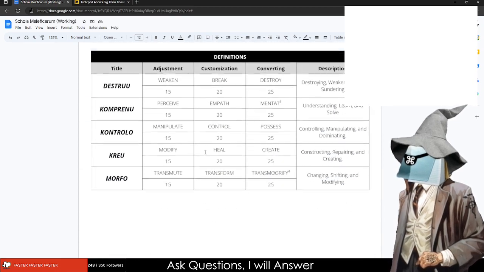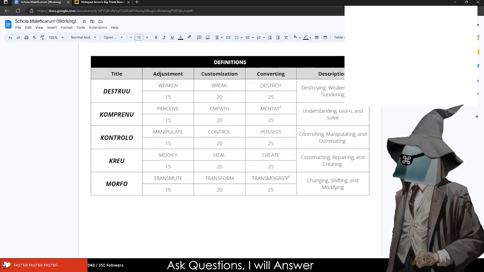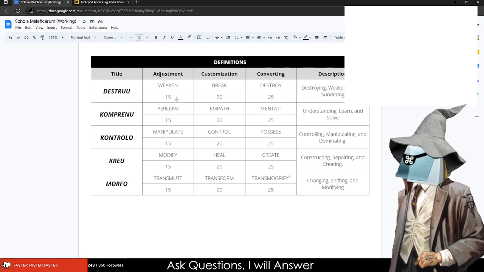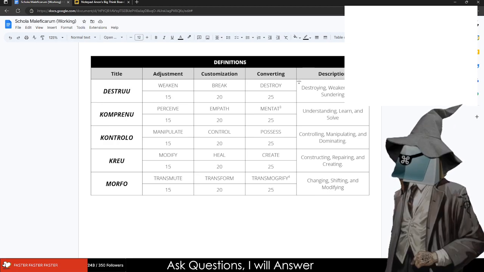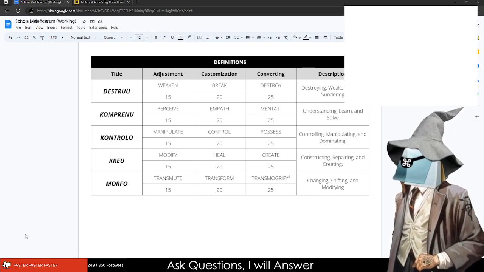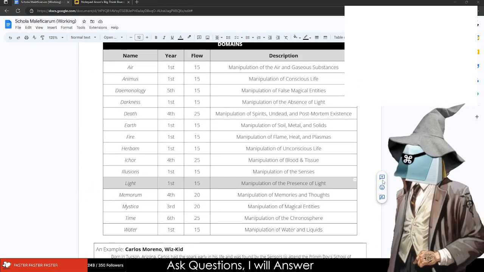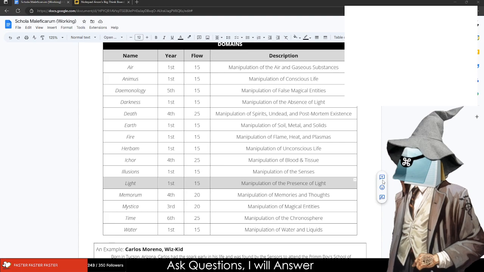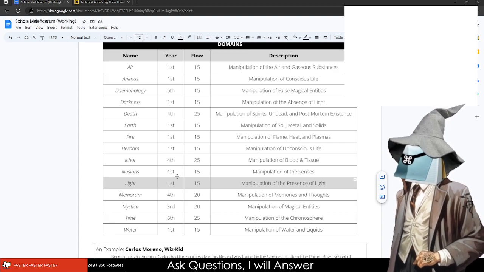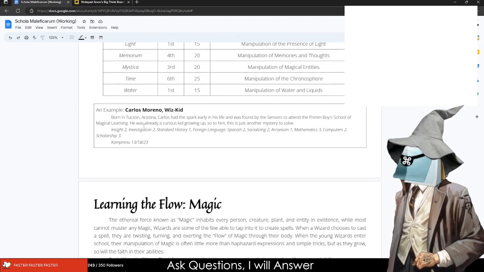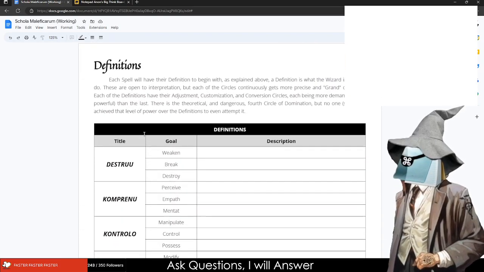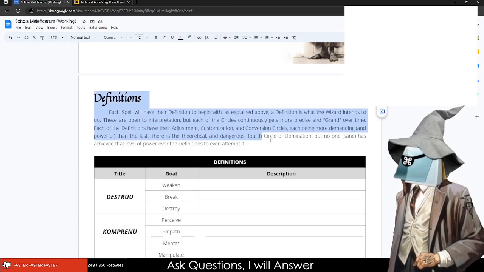I'm not entirely 100% sure on it yet. Might bump up the definitions a little bit to like 20, 25, 30. It's one of those things where I keep going back and forth on it. When it comes to costs, I might just need to eyeball it sometimes. Just go 1, 2, 1, 2, 1, 2. It happens.